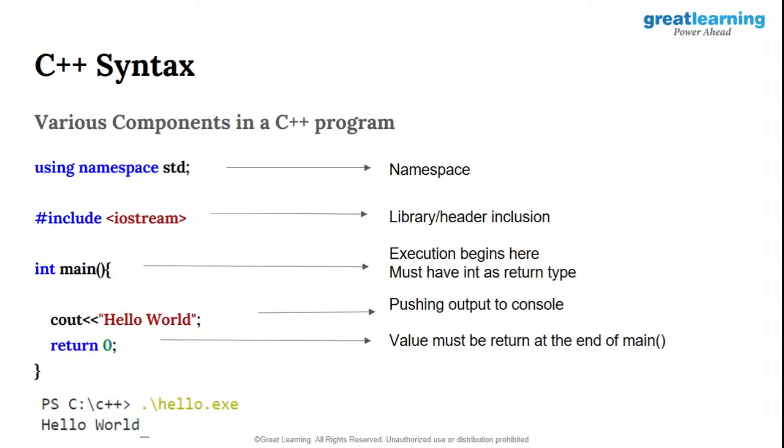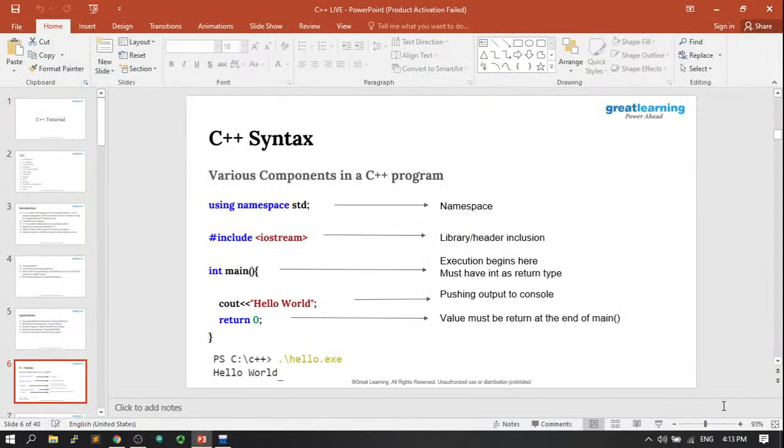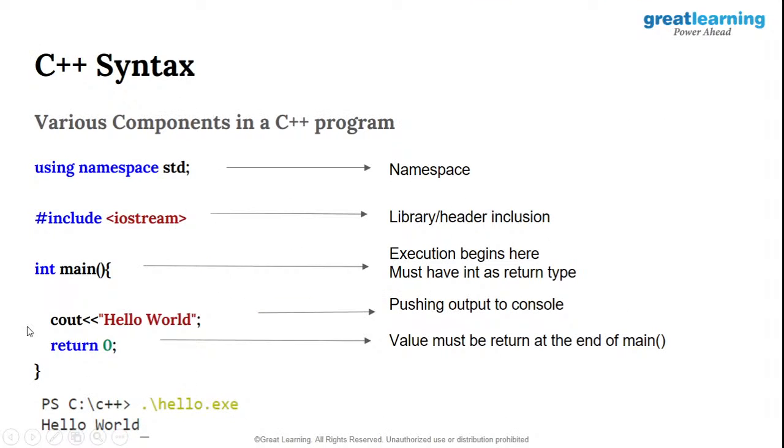You guys can see over here, cout, the less-than signs, and quotations, hello world. This looks a little difficult, but don't worry. The quotations is where you will write the string, whatever value you want to print. So hello world is something you want to print, so you will write it in the double quotes. And the less-than signs basically tell cout that this is the statement you want to print out.